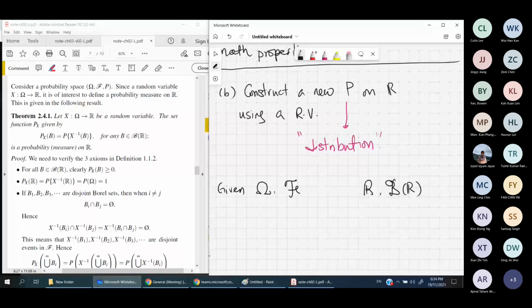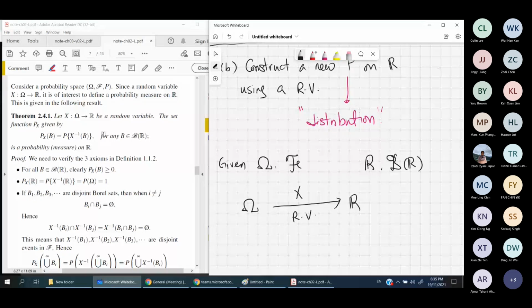Now let's say we have a random variable. We define a random variable as a function defined from omega to R. So this is a random variable, and according to our setting, let's go back to here.